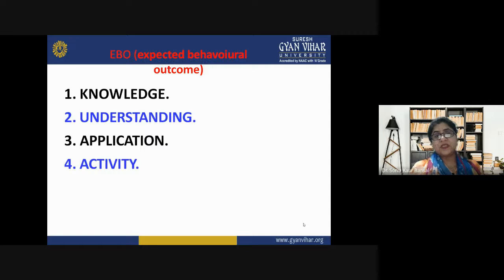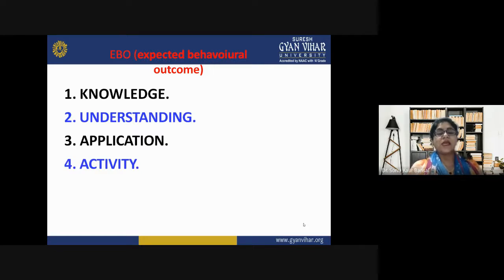Then activity. Activity is something which induces good action values among the students. If we are talking about the English language, we give opportunities to our students to speak on a particular given topic, or maybe we arrange a debate competition or poem recitation competition or any literary activity related to English teaching.